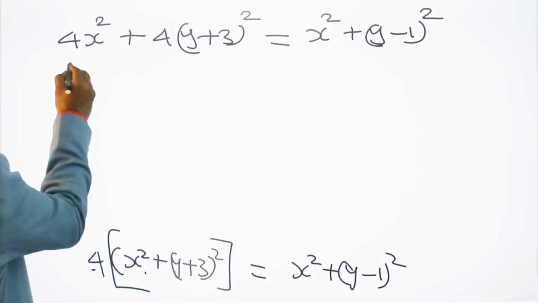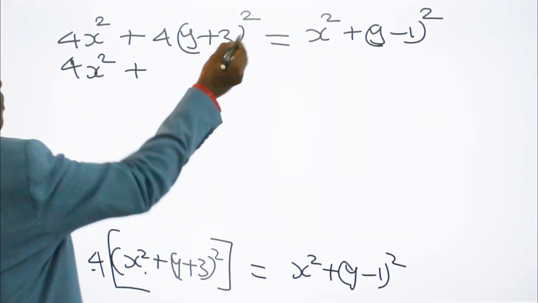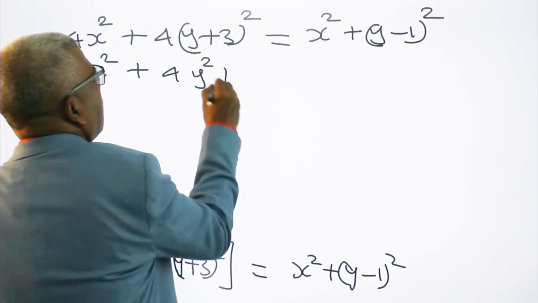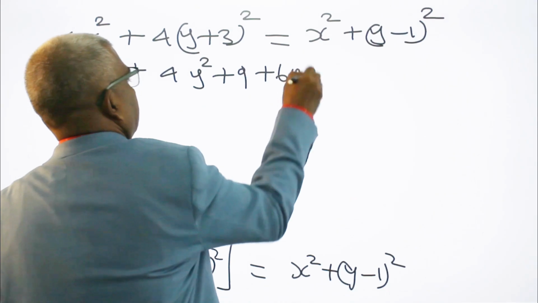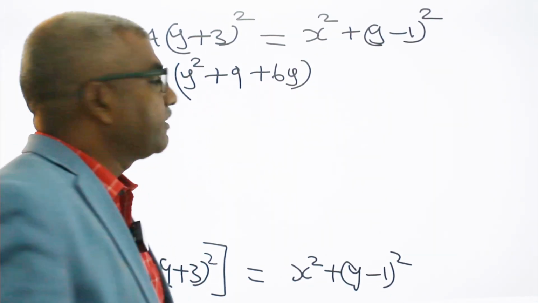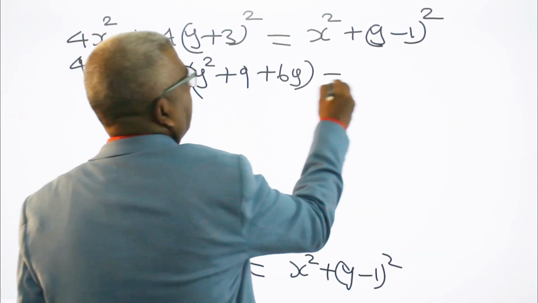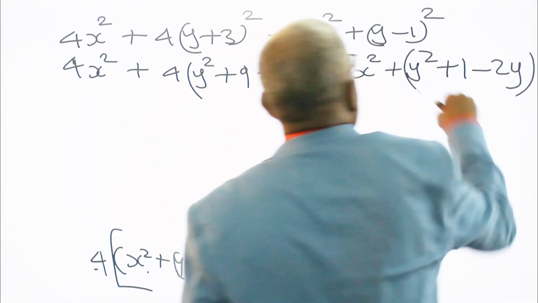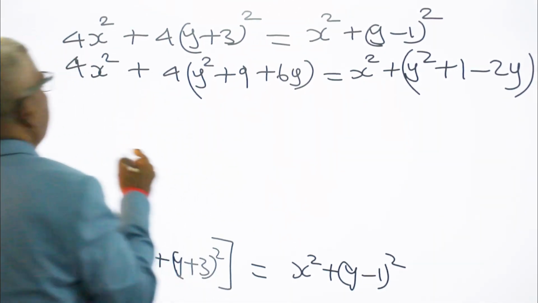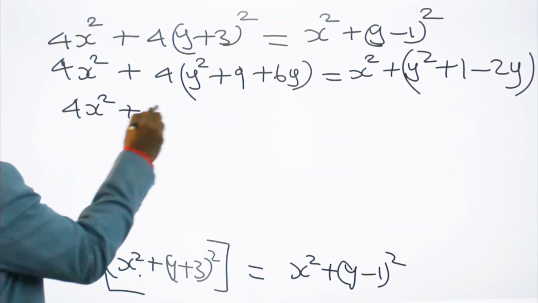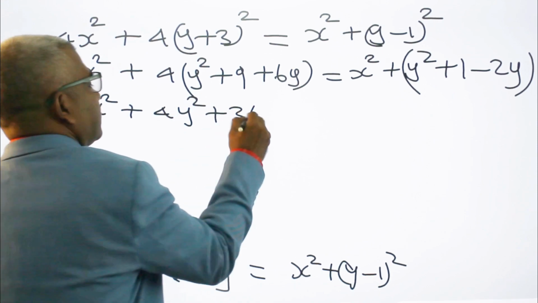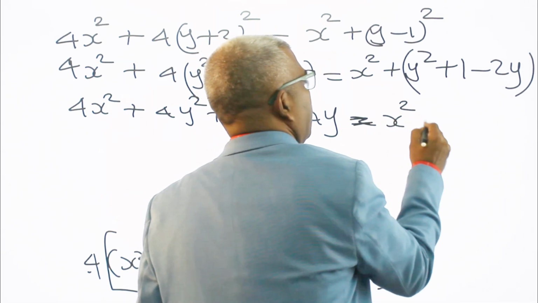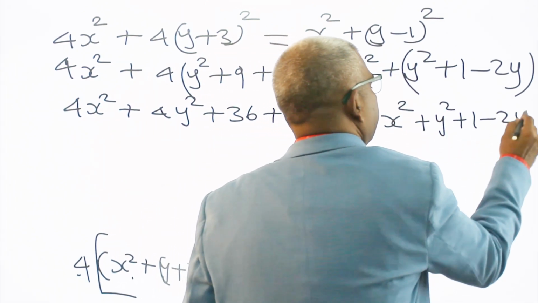Okay, now 4x squared, I expand. 4(y plus 3) whole squared: what is it? 4y squared plus 9 plus 6y, since (a plus b) whole squared is a squared plus 2ab plus b squared. This is equal to x squared plus y squared plus 1 minus 2y. Here no need of a bracket, here we need a bracket. So 4x squared plus 4y squared plus 36 plus 24y is equal to x squared plus y squared plus 1 minus 2y.